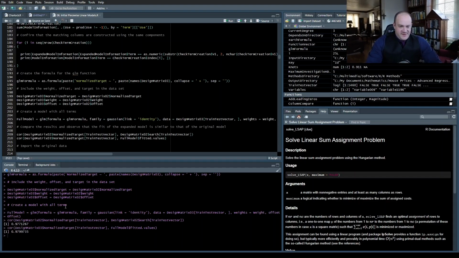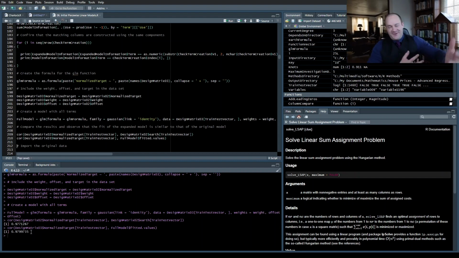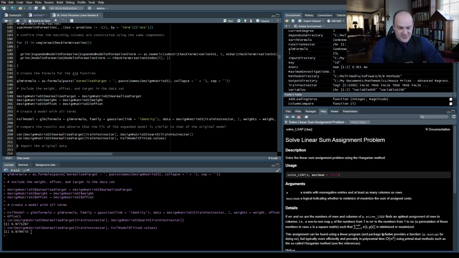The correlation is 0.977 on the training data for just the raw model that came out of the Earth routine, and for us, we've got a slightly higher correlation, but that's to be expected because we have more terms, and those terms encompass the terms that came out of the Earth subroutine.